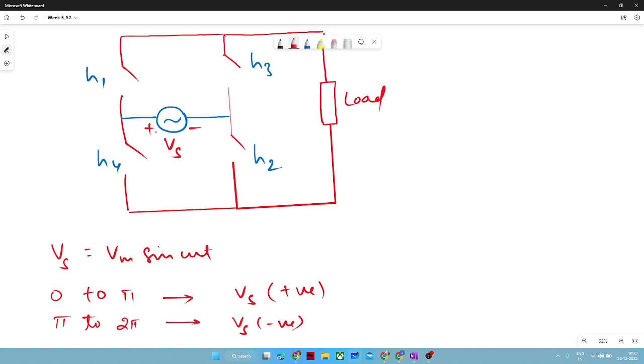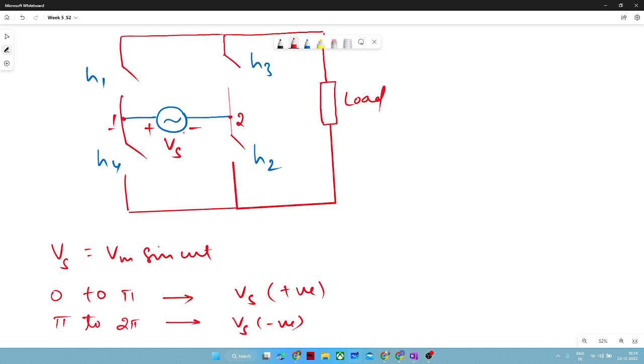If Vs is positive, your positive terminal will be at node 1 and the negative terminal at node 2, right?